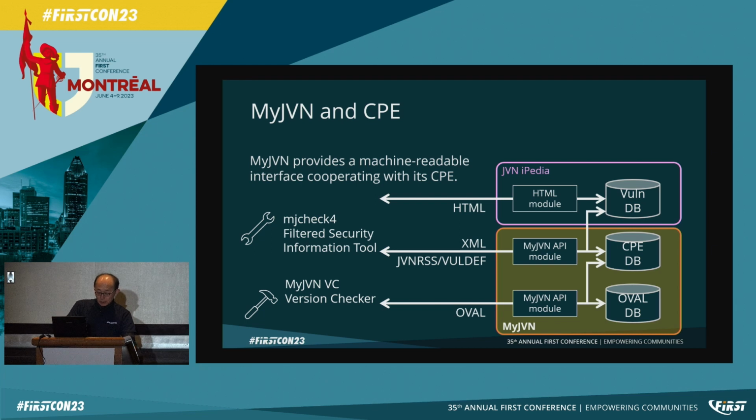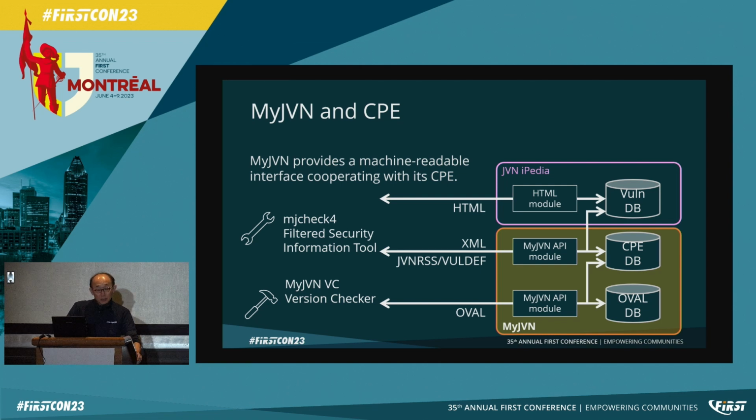MyJVN is seamlessly integrated with the CPE database, enabling efficient collaboration with filtered security information and the version checker. With MyJVN, a machine-readable interface, users can easily retrieve and process security information, filtering it based on specific needs.